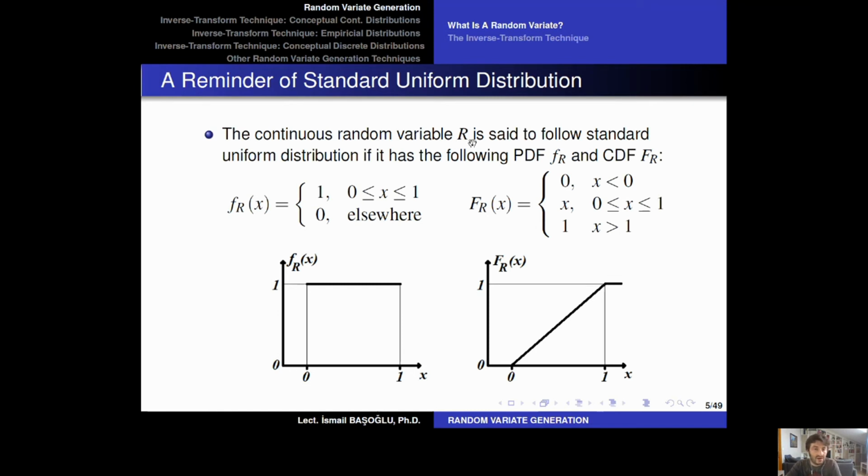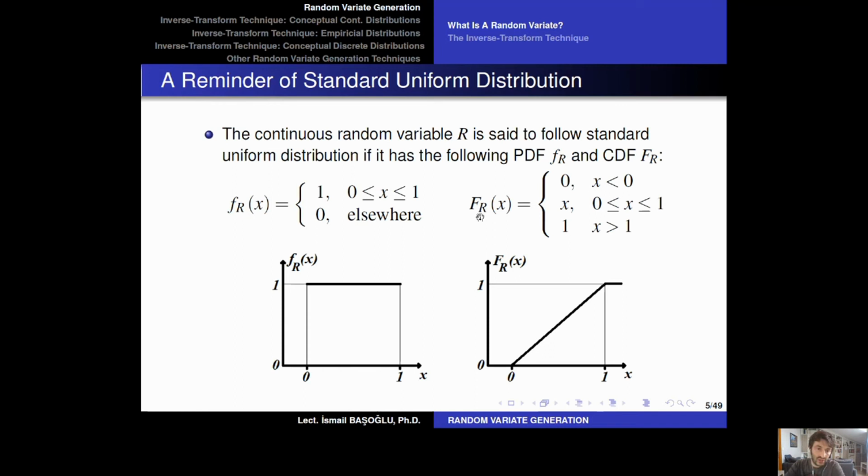The random variable R is a continuous and uniform random variable, or it is distributed continuously and uniformly, if it has the probability density function equal to 1 on the interval between 0 and 1, and elsewhere the PDF is 0. So this lowercase f sub R indicates the PDF of a standard uniform random variable.